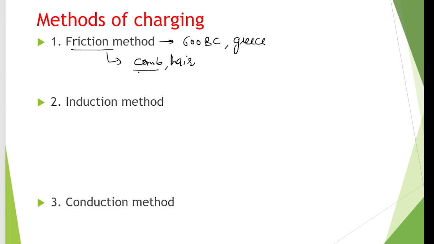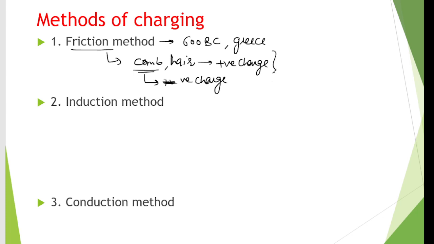The comb acquires some charge, due to which it can attract pieces of paper near it. So the comb has actually got charged. A plastic comb acquires a negative charge, and the hair also acquires some charge, that is a positive charge.